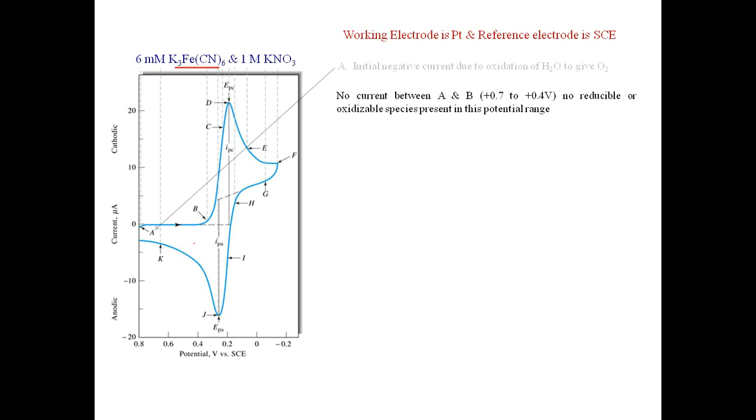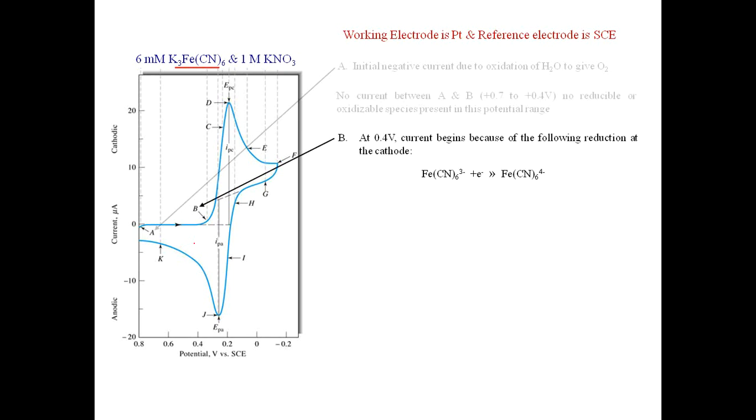So at B, what happens is at 0.4 volts the current begins to increase because of the reduction reaction, that is, ferricyanide converts into ferrocyanide, Fe3+ converts into Fe2+ by taking up one electron.